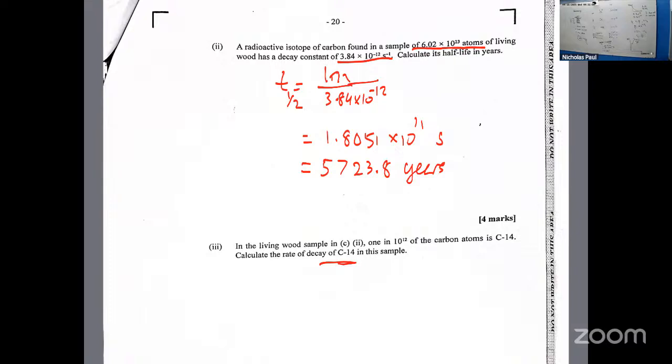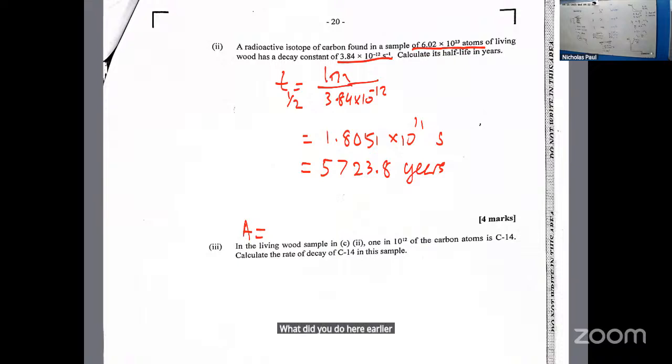How are we doing this? The rate of decay is activity. A is equal to... I need to find the number of half-lives.